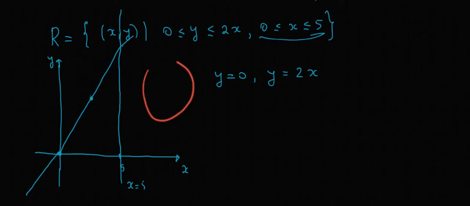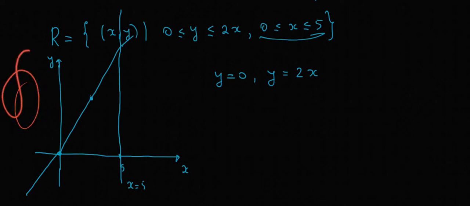If we go to the right area, somewhere here, the x-coordinate is going to be greater than 5, and if we go to the left of the y-axis in this area, x-coordinate is negative, so less than 0. And so now we see that the region of integration is the right triangle with vertices at A, B, and C.